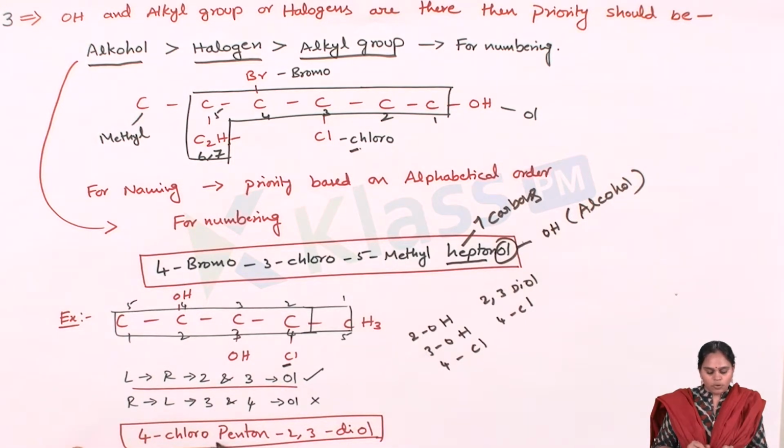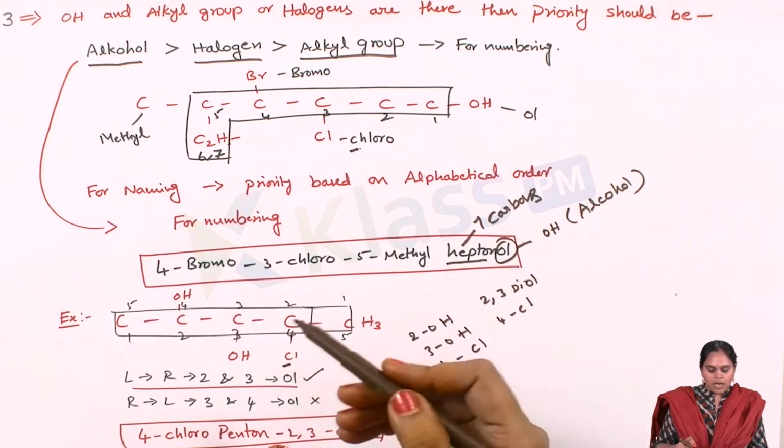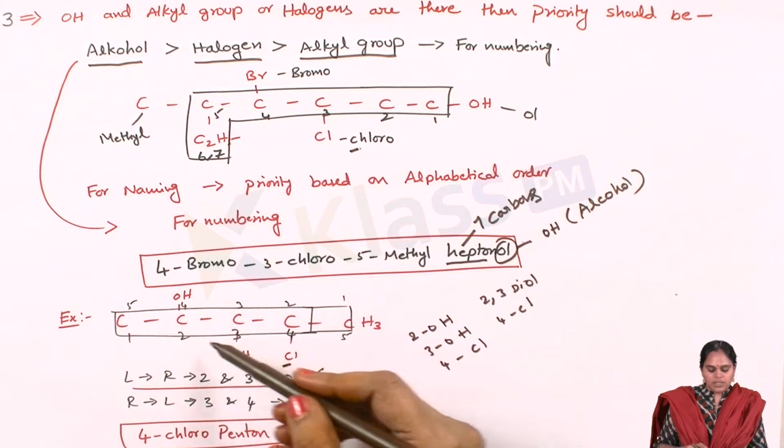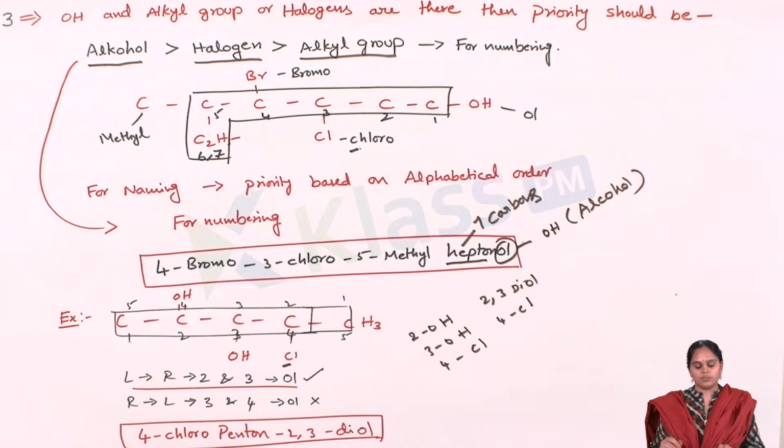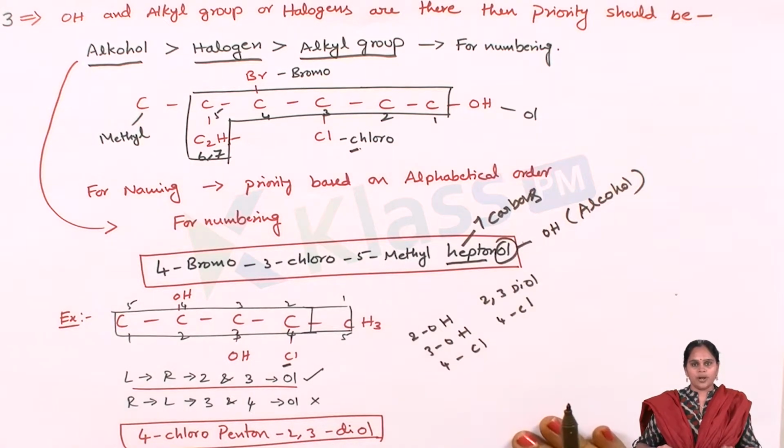So 4-chloro, pentane. There are 5 carbons. So pentane, and at 2, 3 positions diol is there. So we give the name like this: 4-chloropentane-2,3-diol. This is the way you have to remember how to give naming.